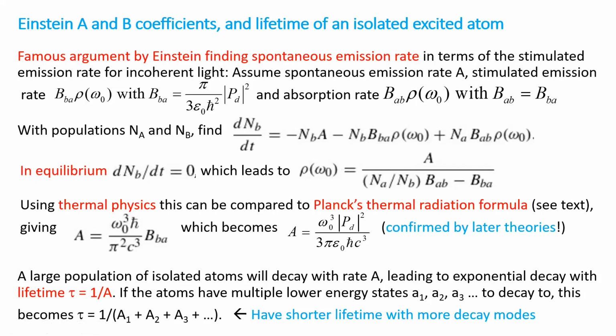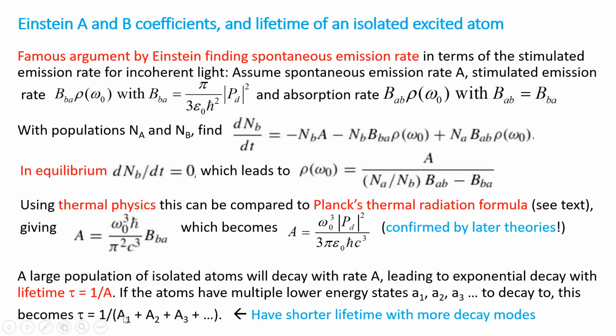So there might be A1, A2, A3, all with lower energies than state B. In this case, the formula tau equals 1 over A generalizes to tau equals 1 over A1 plus A2 plus A3, plus however many rates there are for all the decay modes down to lower energy states.